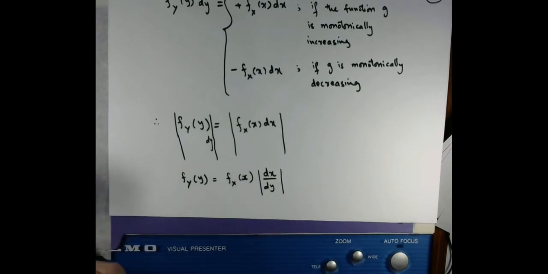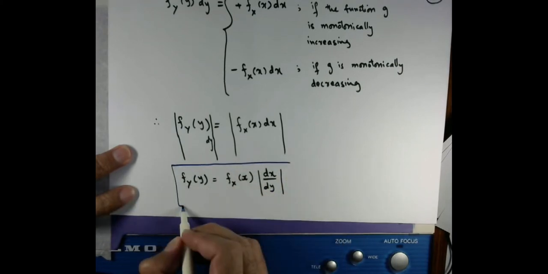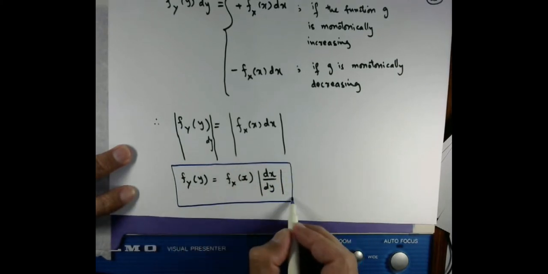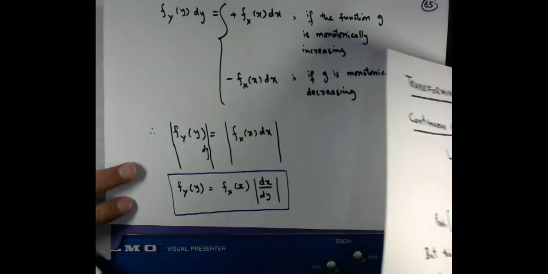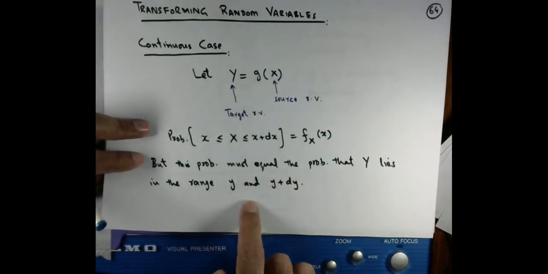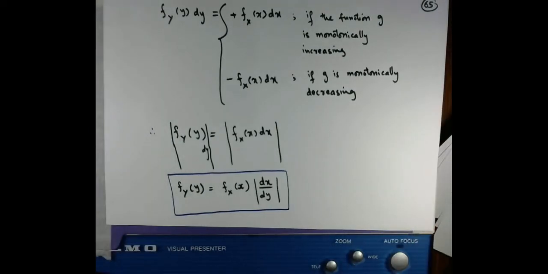So remember, we will use this relation to transform x into y if we know the functional relation between x and y. So we'll utilize this formula. All these basics are presented to arrive at this particular formula.